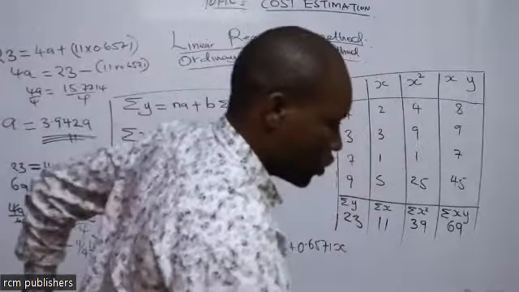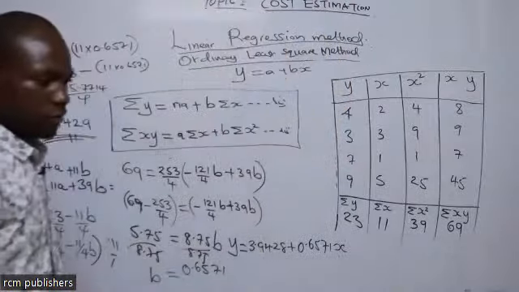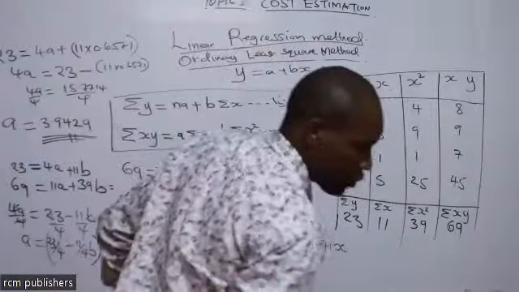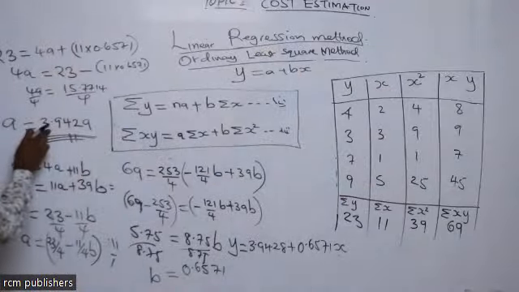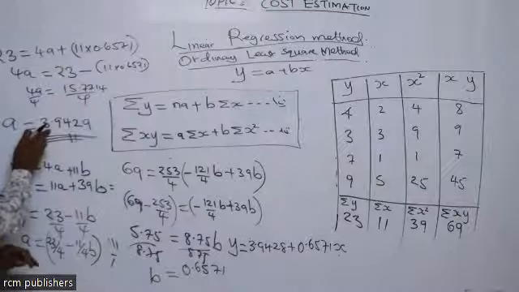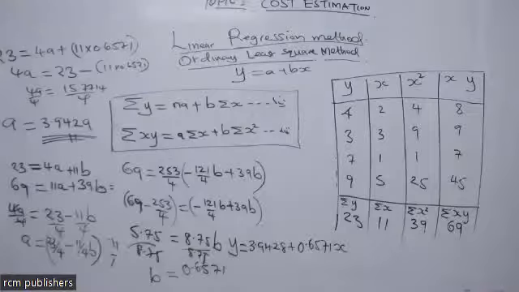Is that correct? Confirm that. So you are able to see that this one here is just as a result of rounding off, but we are arriving at the same answer.